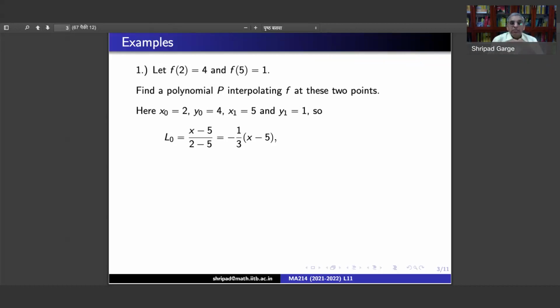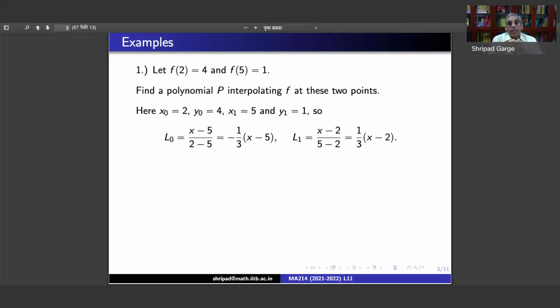And then the value at x0 which is 2 should be 1, so we adjust the multiple so that the value of L0 is 1 at x equal to 2. So we see that it is x minus 5 upon 3 with a negative sign, or 5 minus x upon 3. If you put x equal to 5, you get 0, and x equal to 2 will give you 1.